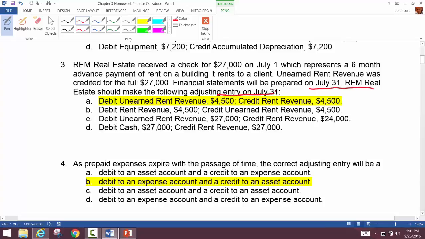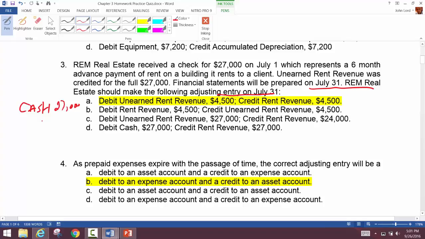Okay, so they've got this money, they debited cash for $27,000, and they credited what?